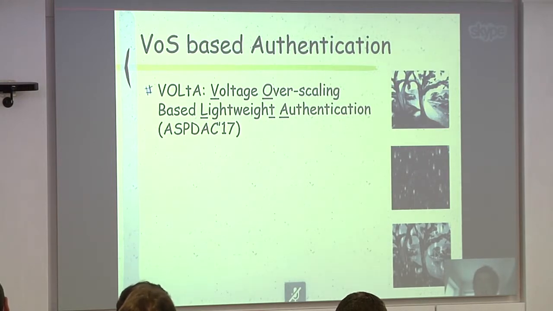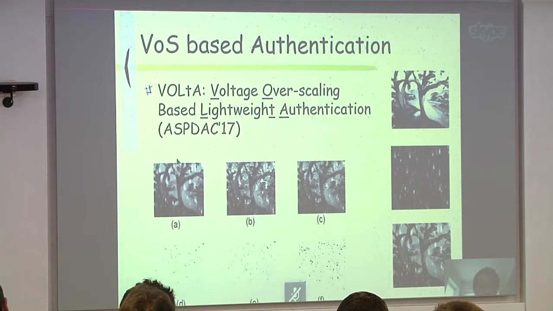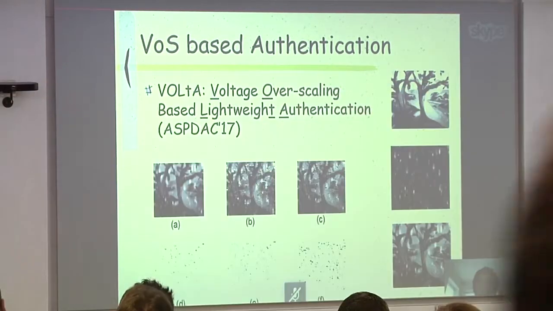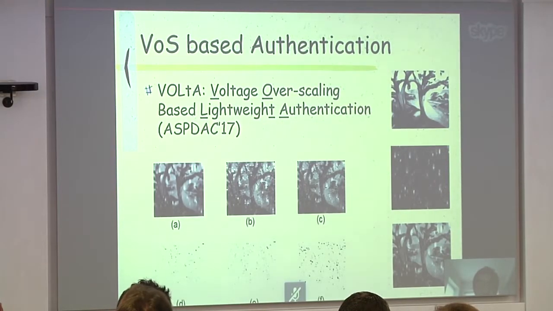So what we do here is we use the same implementation of the adder, but on different chips. This is the original image, and these are the two different images processed by two different chips. They are identical in terms of the implementation of the adder.